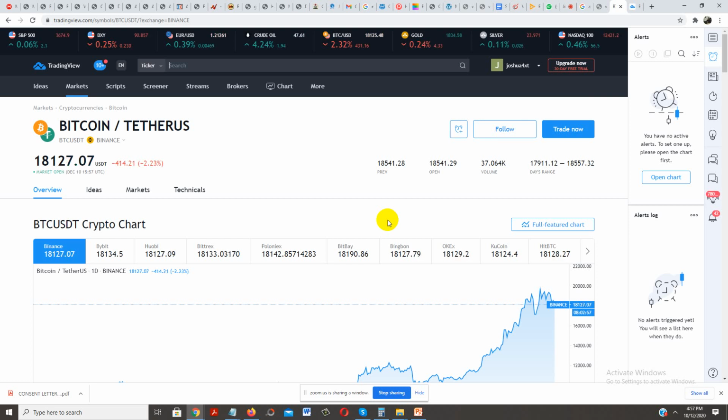But this chart might not be showing exactly what I need. I'm saying you can go back to the other tab. Now there are two tabs. In the other tab, search for BTC again. Choose the exchange to be Binance. Look for Bitcoin slash Tether. That is the chart that we are using.